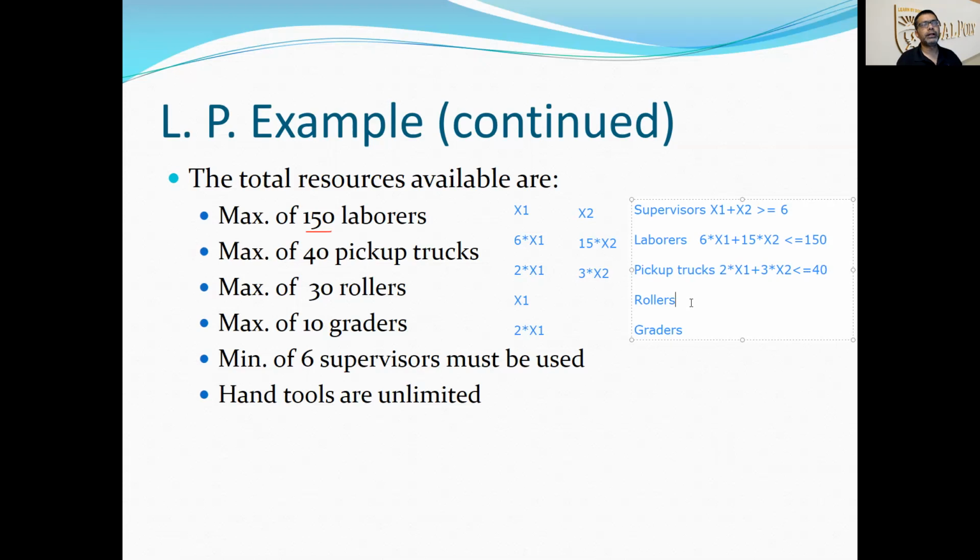Okay. For rollers, a max of 30 rollers, that means x1 has to be less than or equal to 30. And for grader, I have to check that number if I'm doing it correctly. 2x1 should be less than or equal to 10. That makes sense. I want to go back real quick. Let me go ahead and pause.